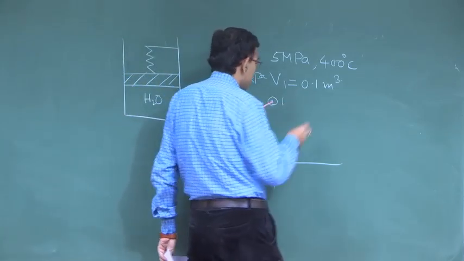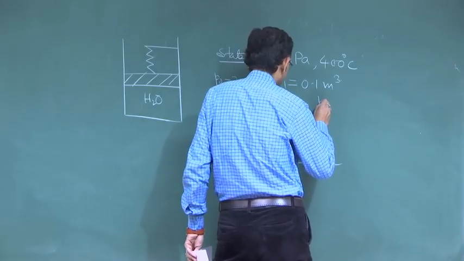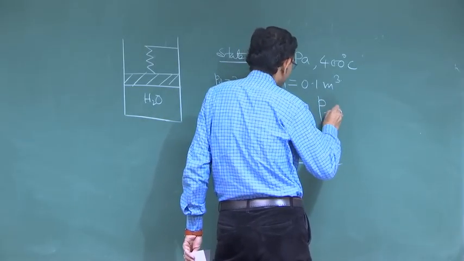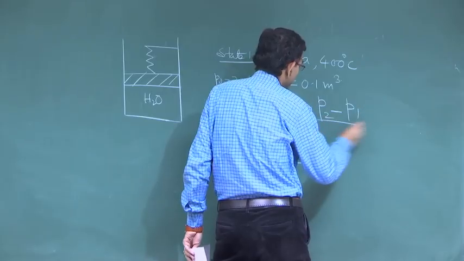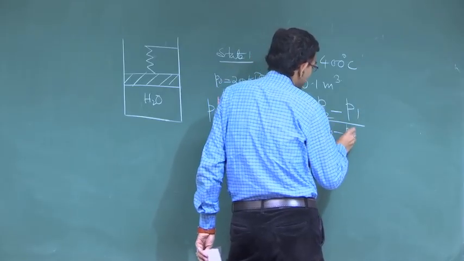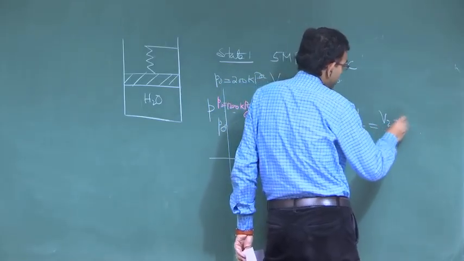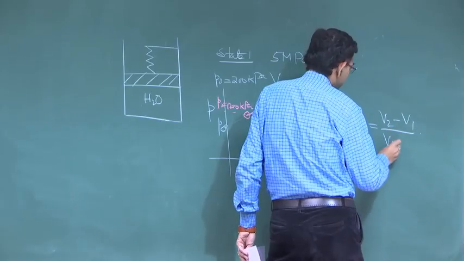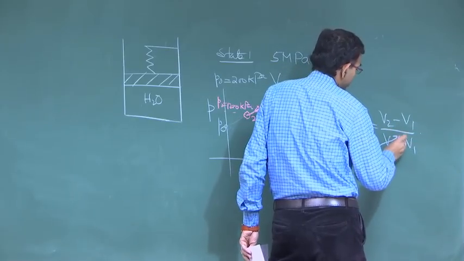You use the equation of the straight line, (P2 minus P1) by (P0 minus P1) is equal to (V2 minus V1) by (V0 minus V1), where V0 is 0.